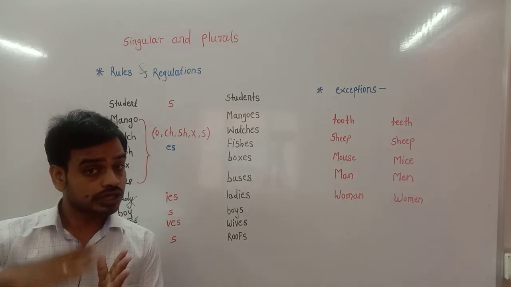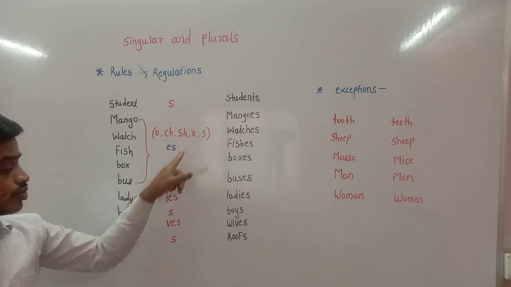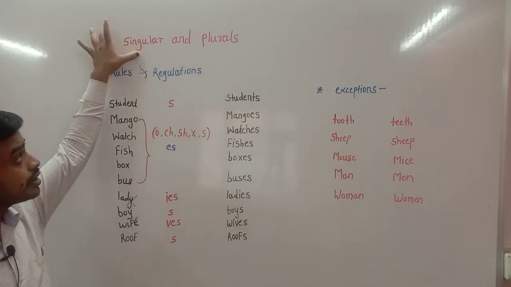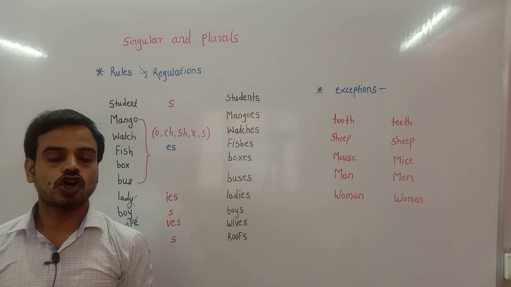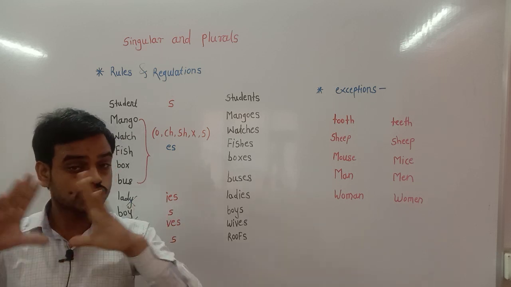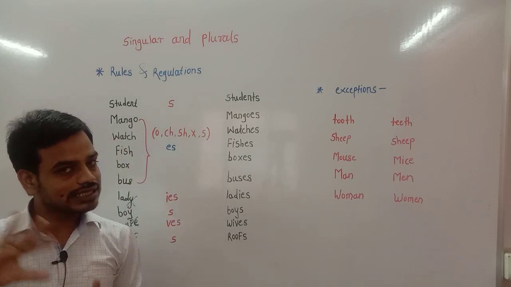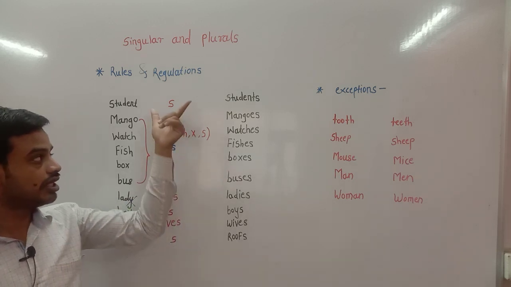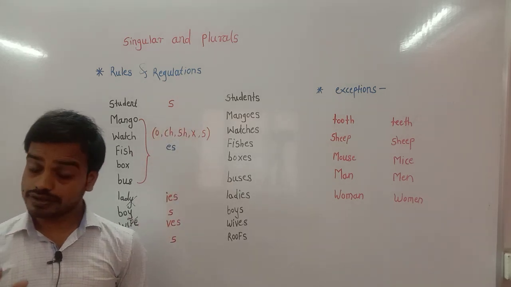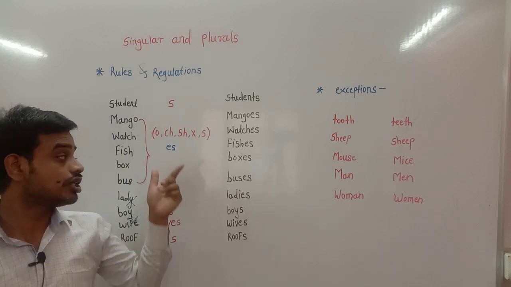So if you want to convert singular into plural, you must know these 6 rules, because singular and plural are a must. Lots of times when we are going outside, we see lots of things. Sometimes we see one thing, sometimes we see lots of things. So what is the difference between singular and plural? There is only a little difference. Generally we add only S. Second, if a word ends with O, CH, SH, X or S, then use ES.